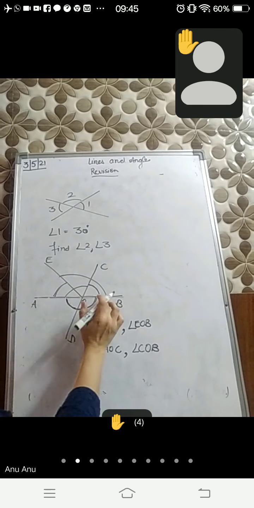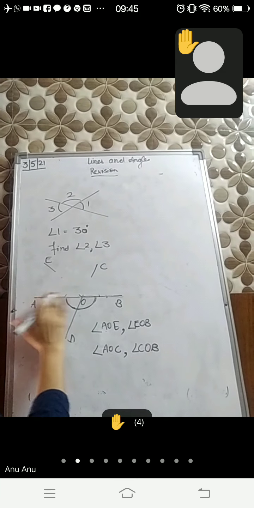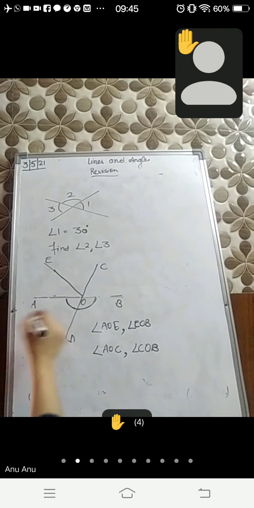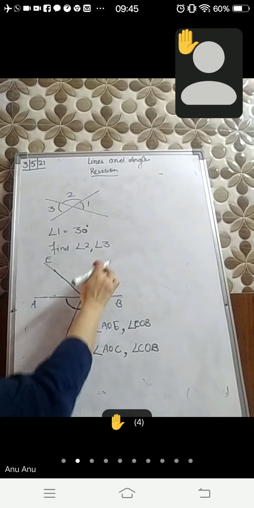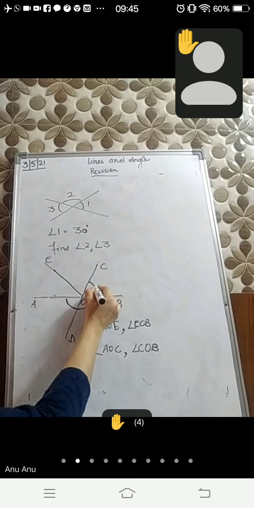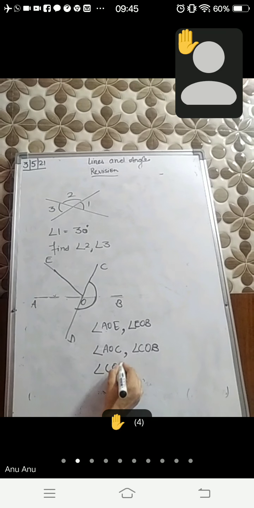Now remove all this. Now you can see this COD line. On the right hand side of this COD, you have this angle COB and BOD.